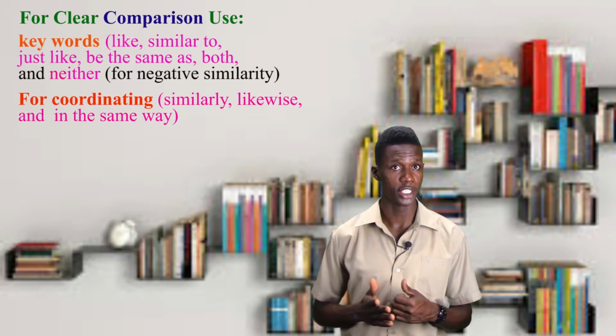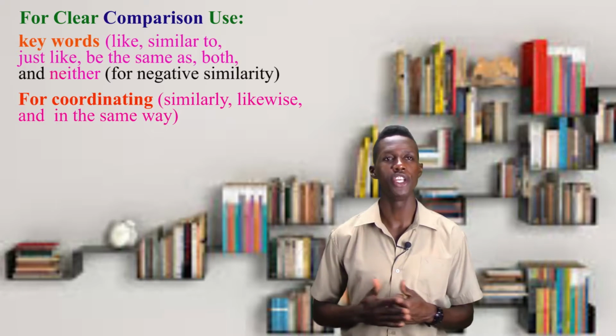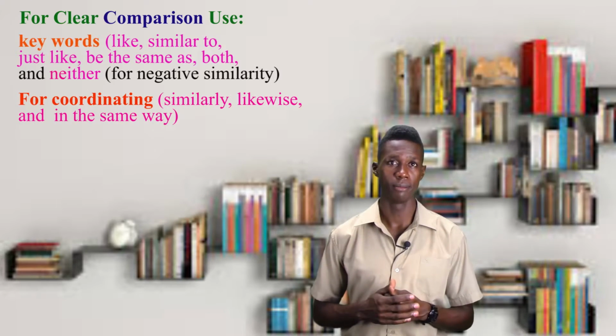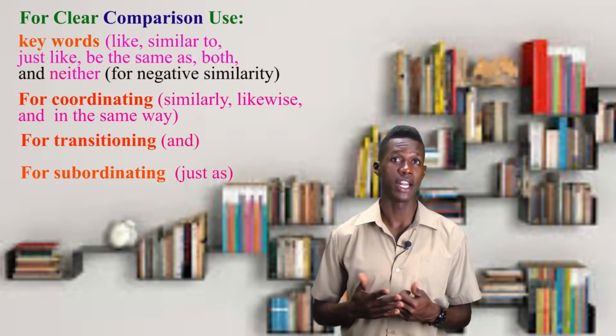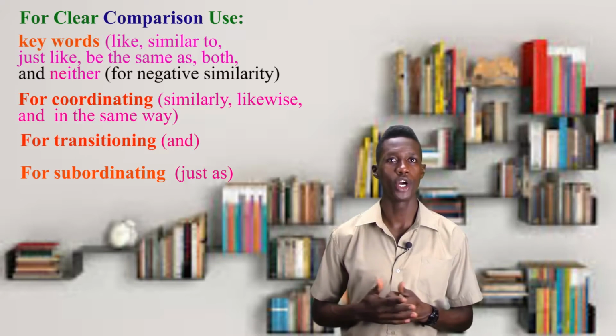For coordinating or matching up, you can use similarly, likewise, and in the same way. For transitioning, the word and can be used, and for subordinating, you can use just as.